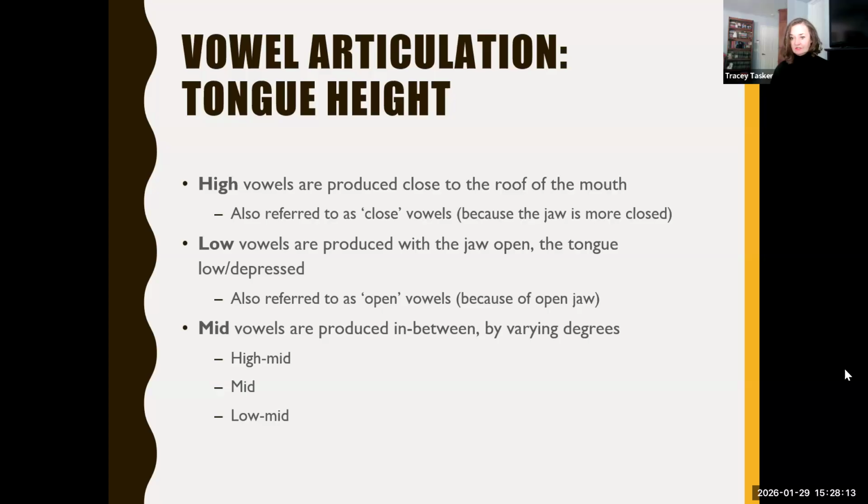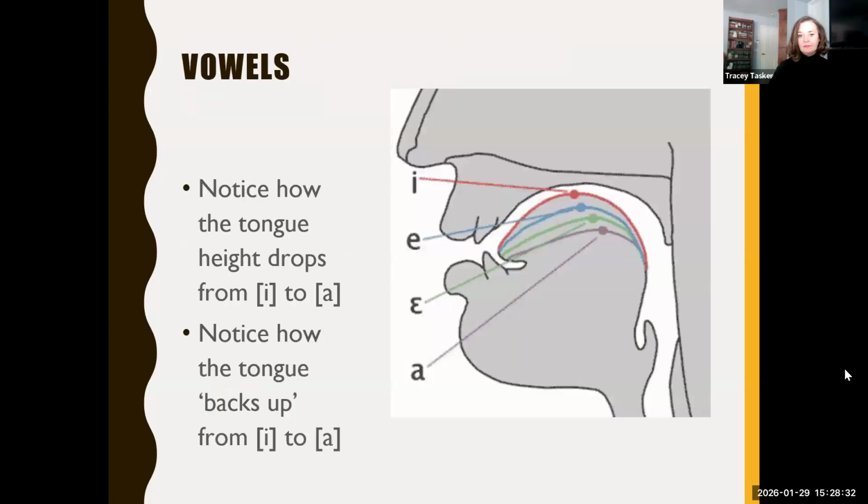Low vowels are the converse of high, so your jaw is going to be open. You can see how much more my mouth is open to make that low vowel sound. The mid vowels are going to be produced somewhere in between. All right. So let's make these sounds out loud while you're watching this.